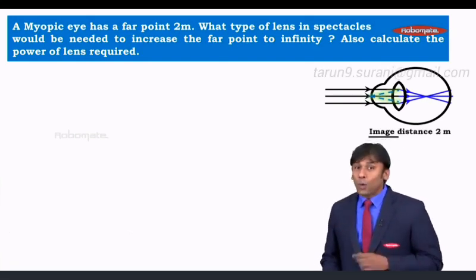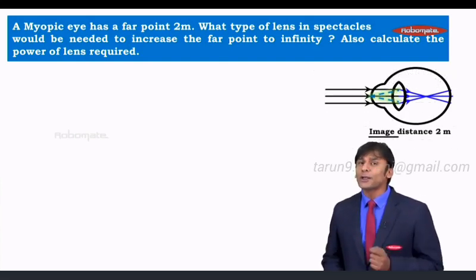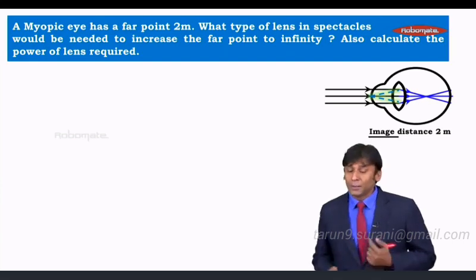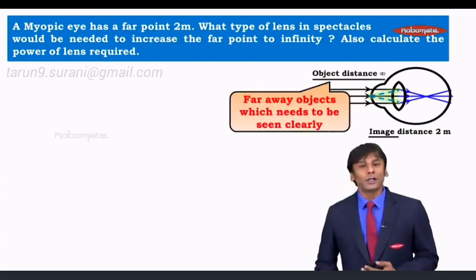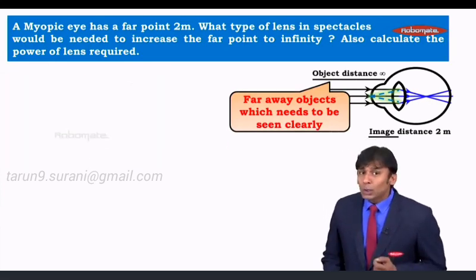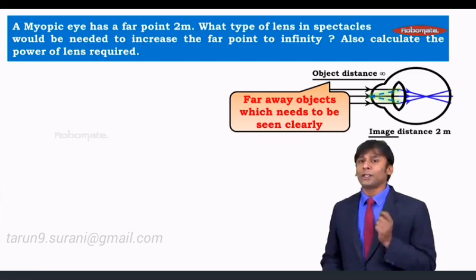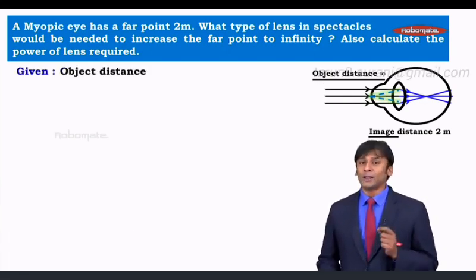Now further, what type of lens in spectacles would be needed to increase the far point to infinity? That means this person should be able to see objects at infinity. So what is given is object distance, and that is infinity. Also, the last part of the sum reads, also calculate the power of the lens. So students, we need to find the power and the focal length.